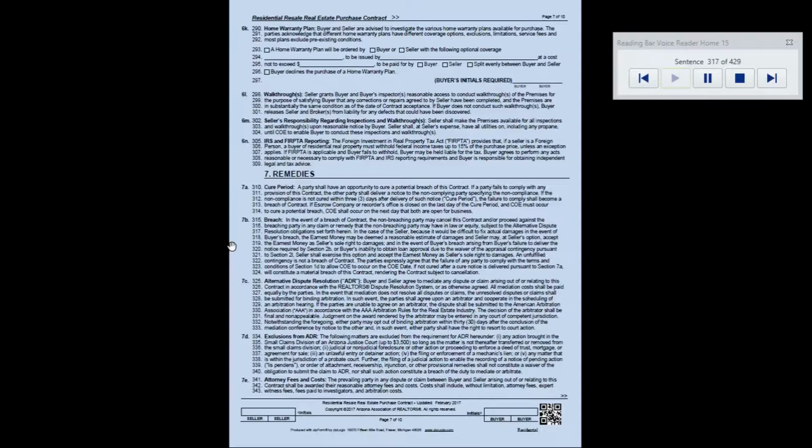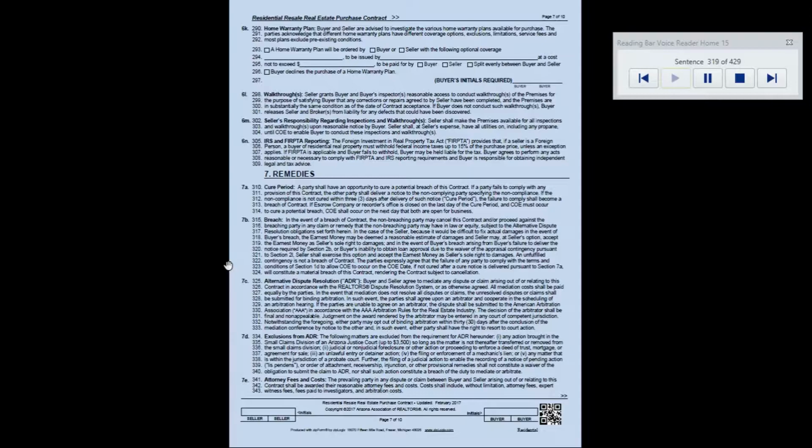And in the event of buyer's breach arising from buyer's failure to deliver the notice required by Section 2B, or buyer's inability to obtain loan approval due to the waiver of the appraisal contingency pursuant to Section 2L, seller shall exercise this option and accept the earnest money as seller's sole right to damages. An unfulfilled contingency is not a breach of contract.